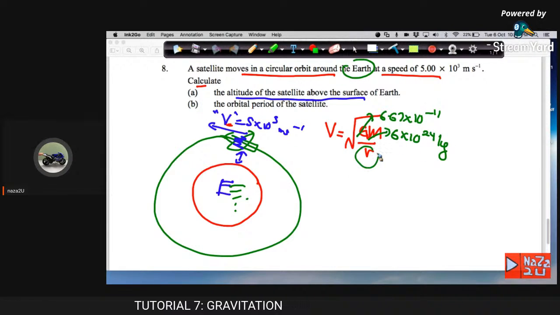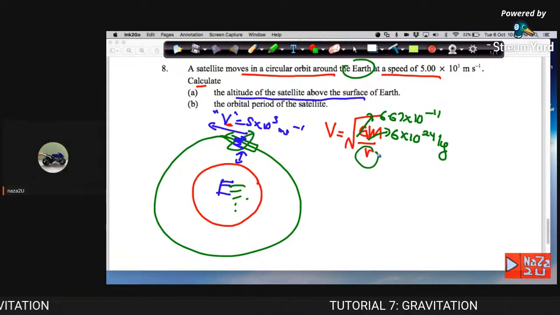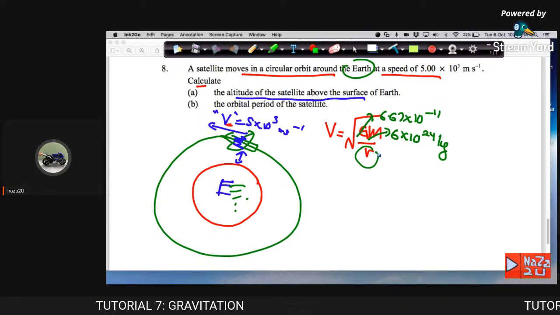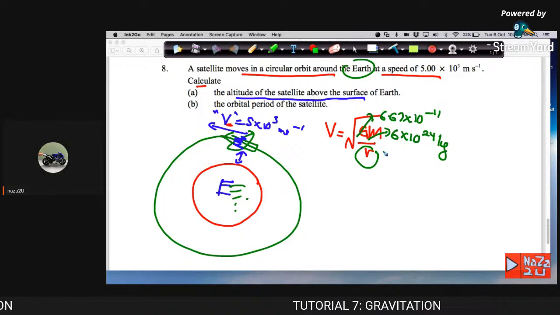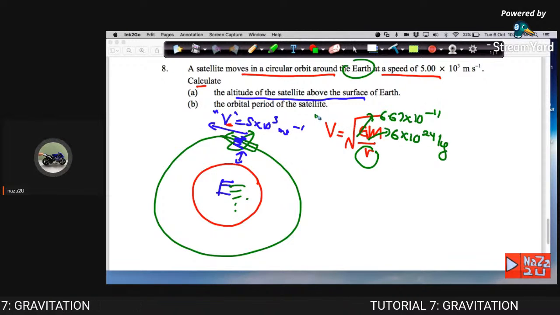So what is the value of the radius? So the radius here is the radius. What is this question asking to find, v or what? Oh, it has already given v, sorry.